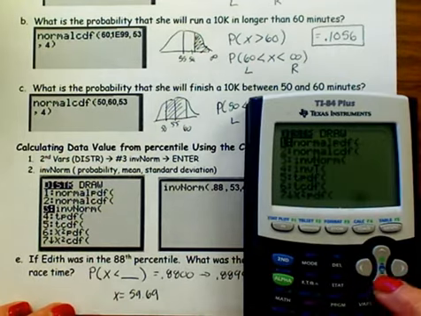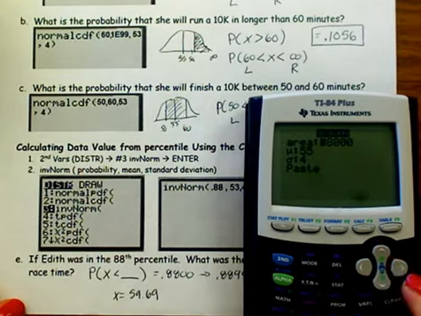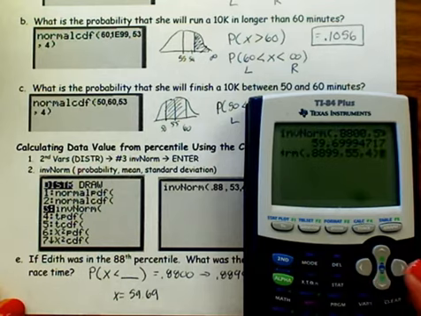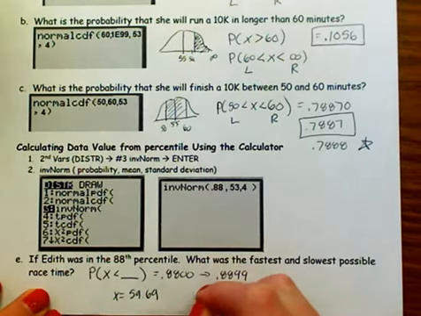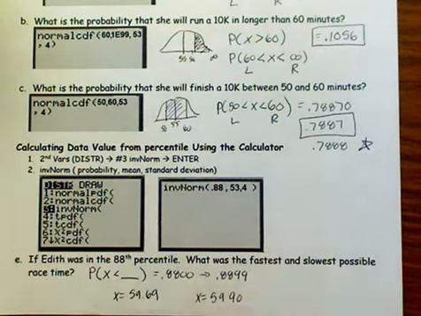Second VARS. Inverse, because I'm starting with the area number. 59.90. And we can compare this to the answers that we got on the last section and see how close we are.